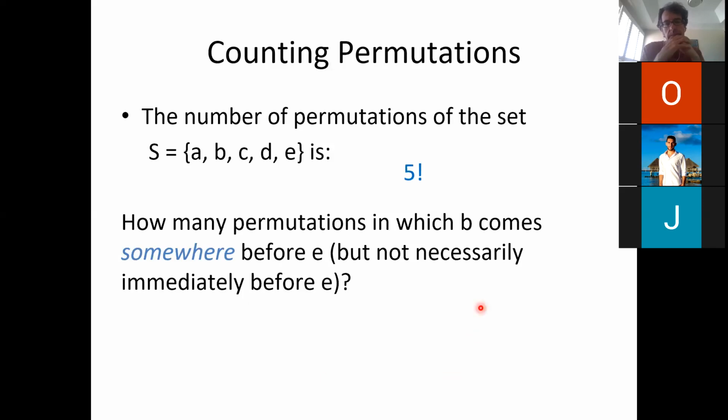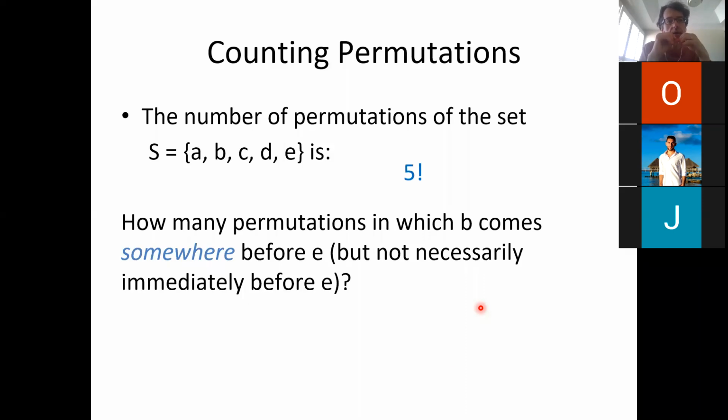Five factorial over 2. And why? I can first randomly permute 5 elements, and there are half the cases where B is before E and half where E is before B. You mean 4 factorial? No, he means 5 factorial.